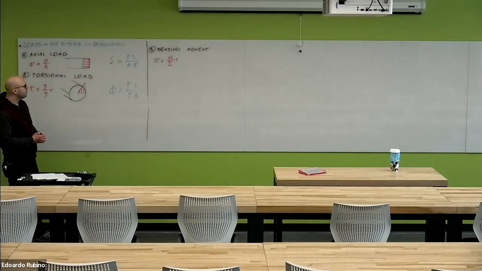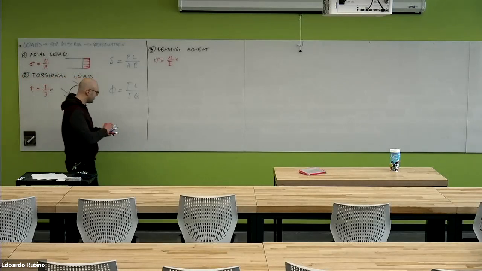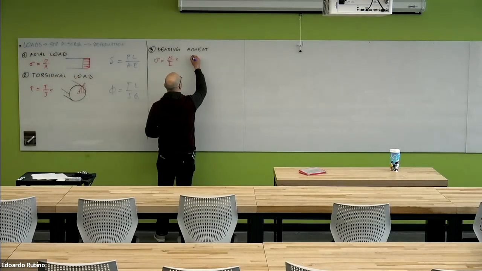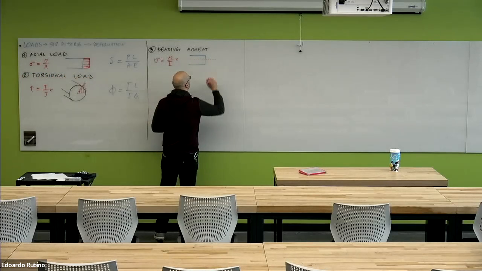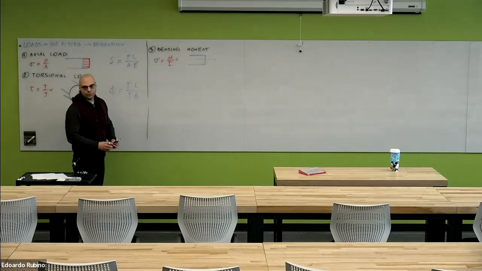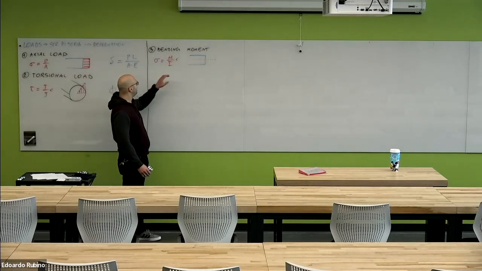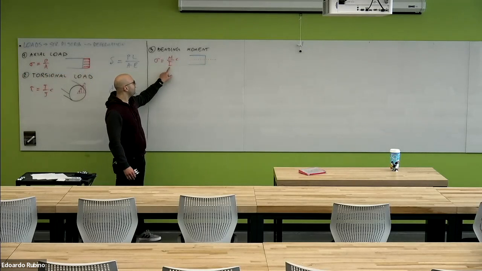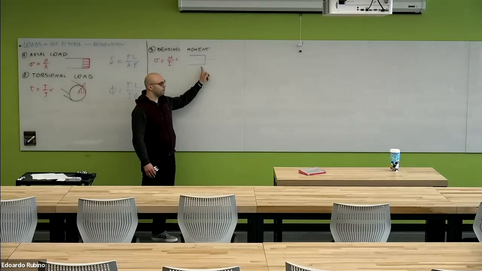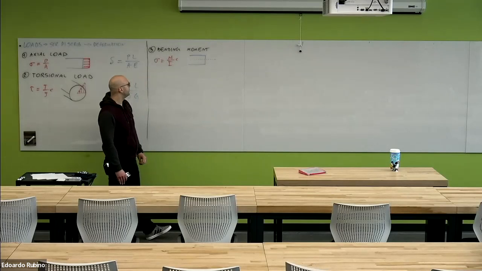Now we can look also at the way this stress is distributed. If this is the side view of the cross section, we can analyze this equation to determine how the stress is distributed along the cross section of the beam.